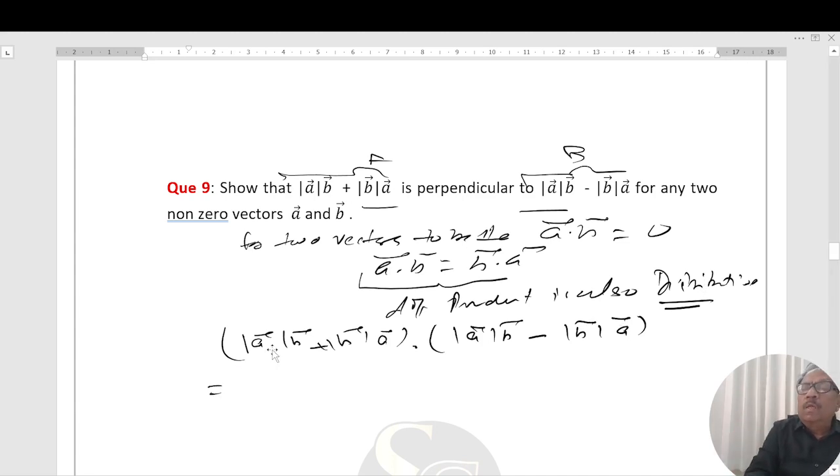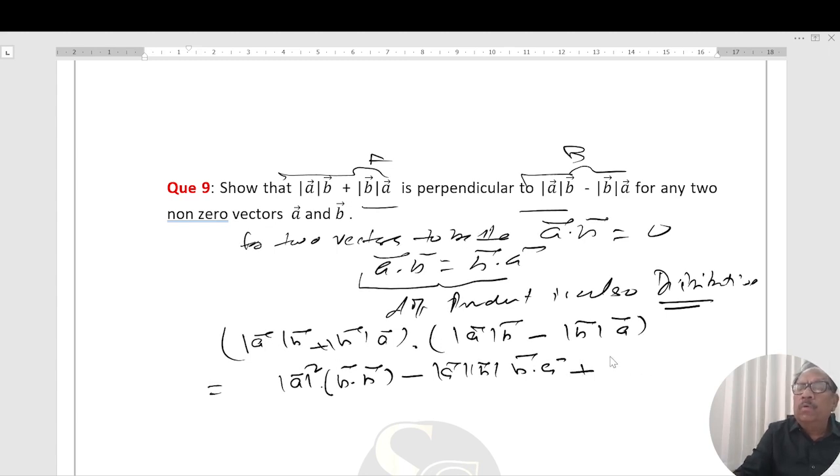So this into this: magnitude of A whole square into B dot B, again minus magnitude of A magnitude of B into B dot A, plus magnitude of A magnitude of B into A dot B, and this comes out to be minus magnitude of B whole square into A dot A.